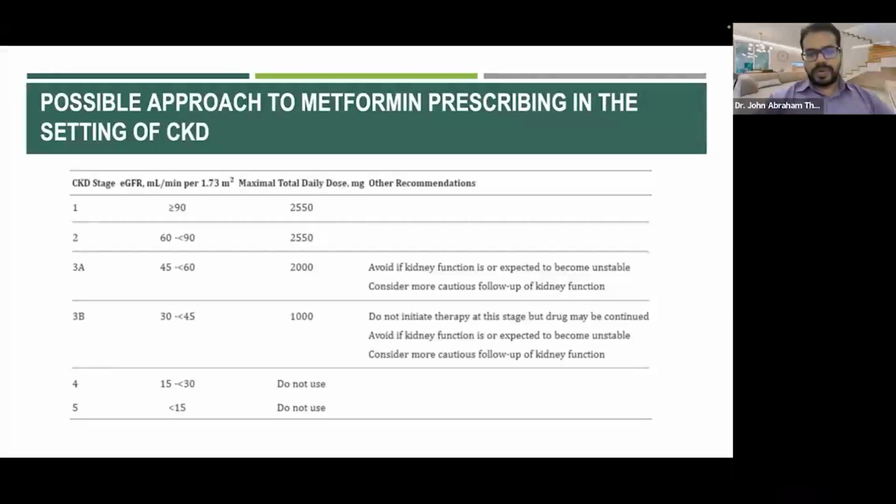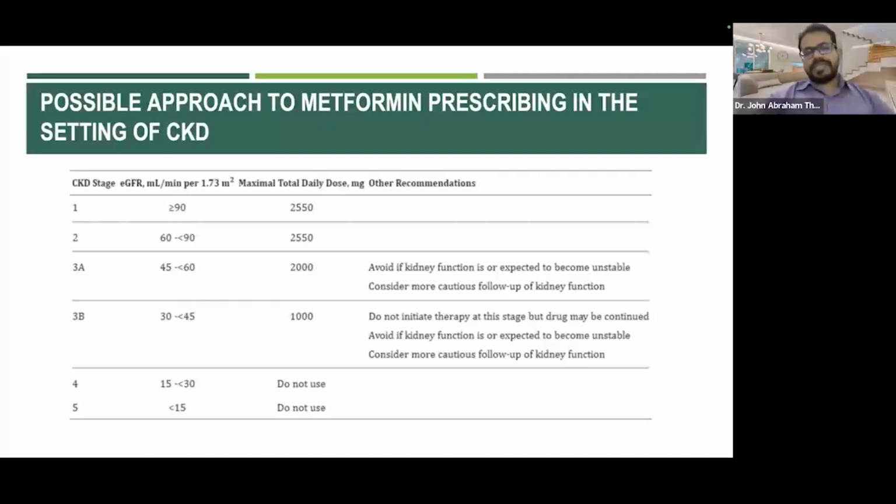There is no doubt about it. If the eGFR is more than that, if the patient is in CKD stage 3B, eGFR 30 to less than 45, you do not initiate the therapy, but if the patient is already on metformin, you can reduce the dose by half. In more than 90, you can use metformin.